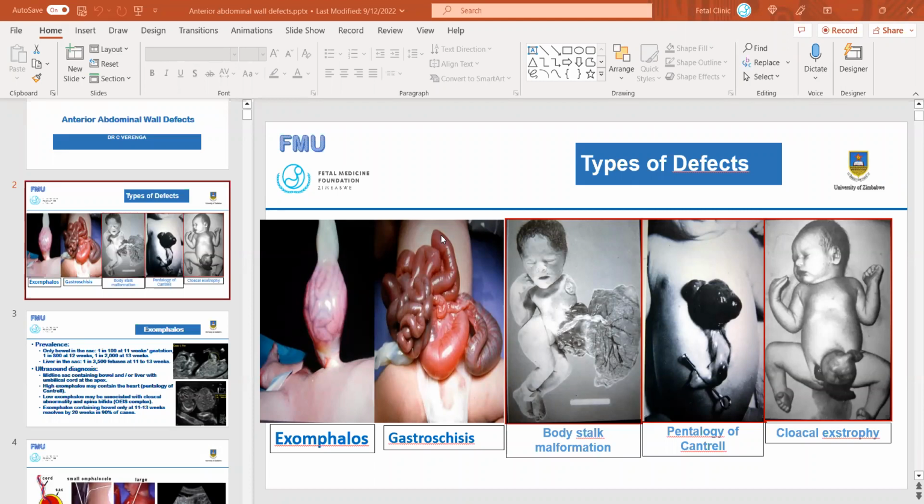Gastroschisis, the bowels are just all outside. There is no membrane covering. They are floating. Cardiac defects have to be ruled out. These babies may have fetal growth restriction. And the association with chromosome abnormality is very low. So in isolated cases, we do not routinely offer karyotype.